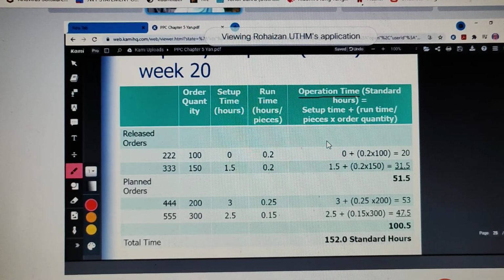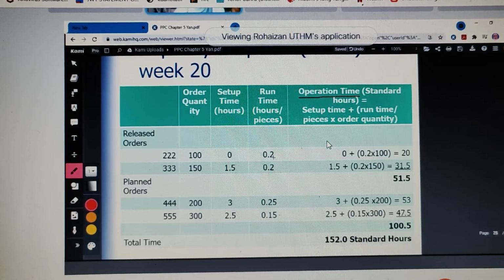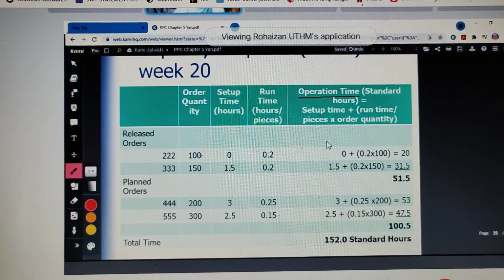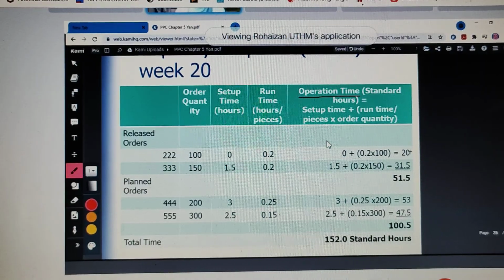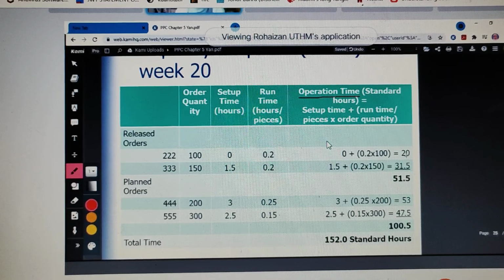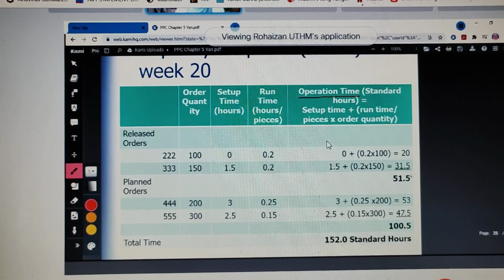So how do we do it? Setup time plus run time multiplied by order quantity, and we get 20. 20 is 20 standard hours. It's not 20 minutes, not 20 days, not 20 hours, but 20 standard hours. Then the rest we calculate the same way.